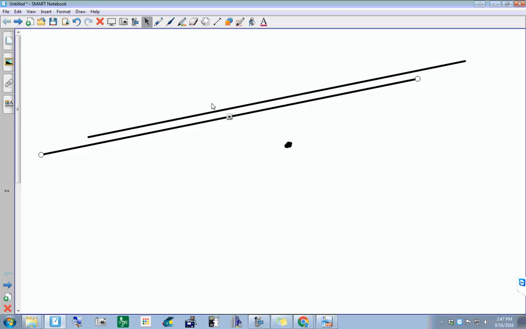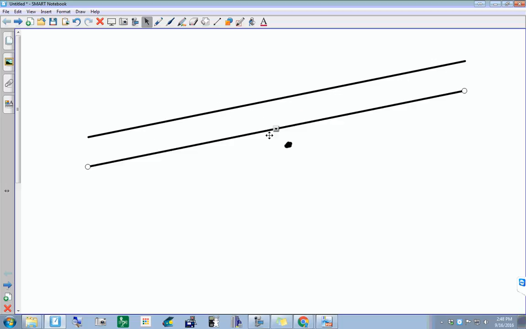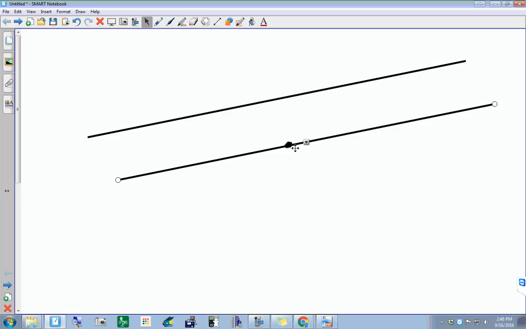You agree with me? Okay. So, I can only get one line through this point. Now, theoretically, I can put an infinite number of lines through any point, correct? But how many of them will be parallel to this one? Only one. Because everything else would be a little bit different angle, right?